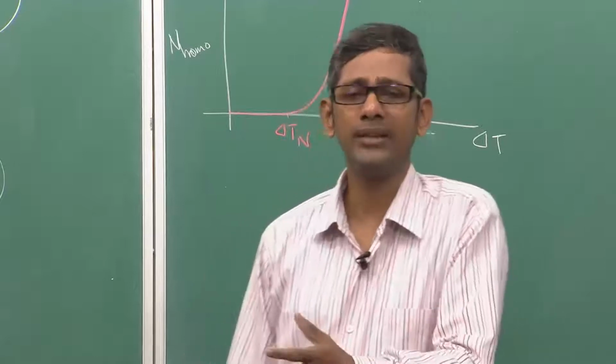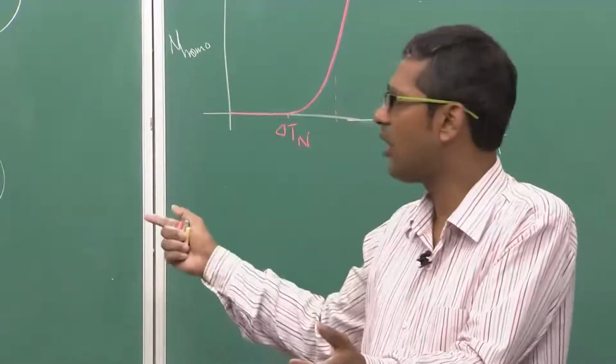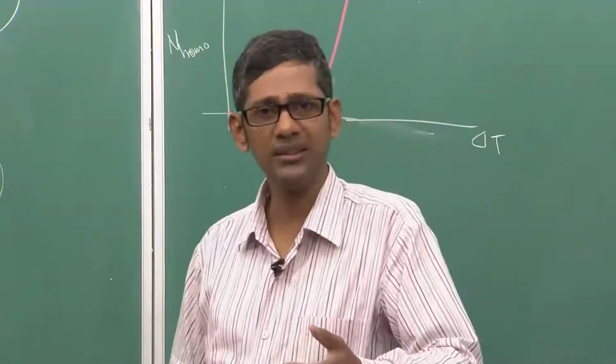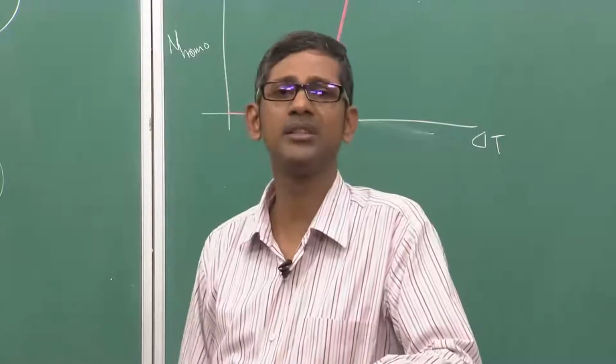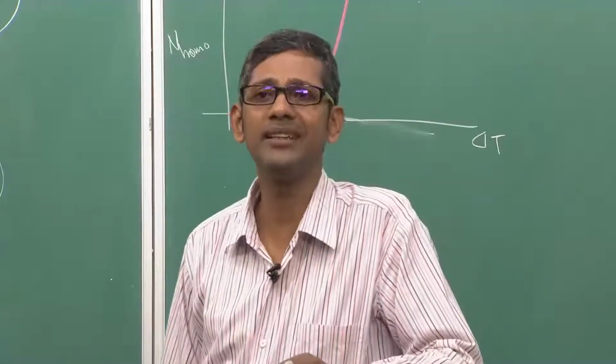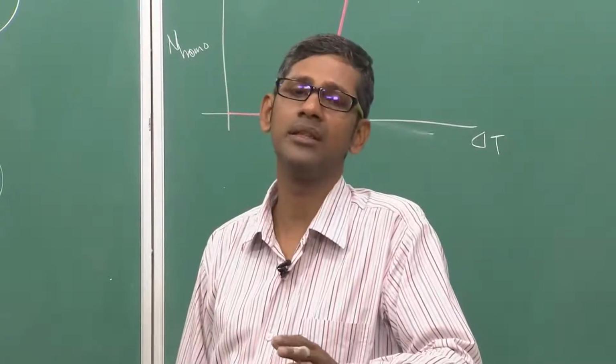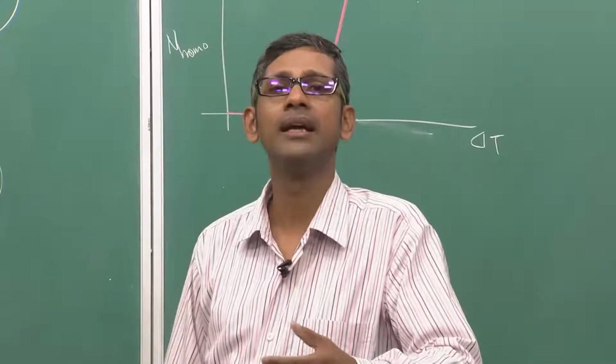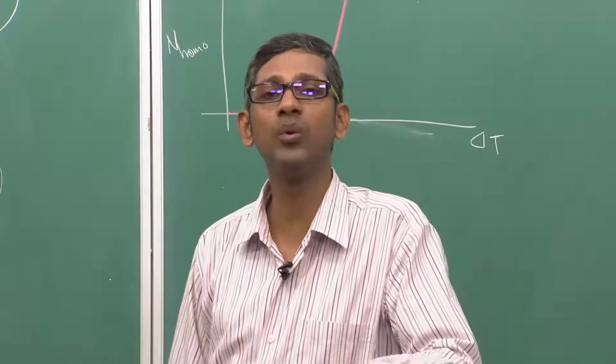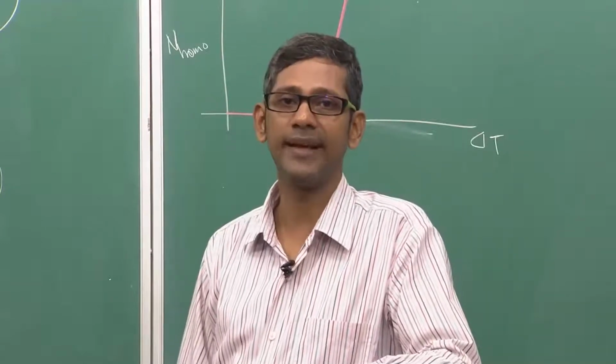That means all the mathematical formalism which you have seen so far, the equations, are strongly dependent on delta T, either directly proportional to delta T, or inversely proportional to delta T, or inversely proportional to delta T square. You have seen that.